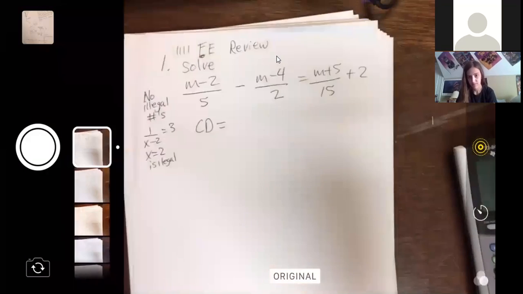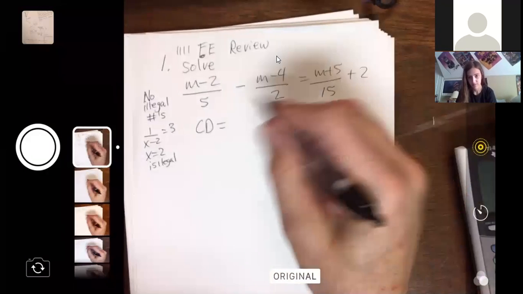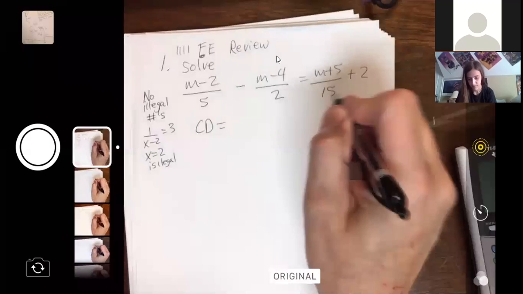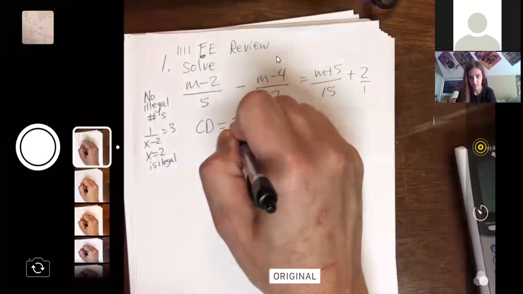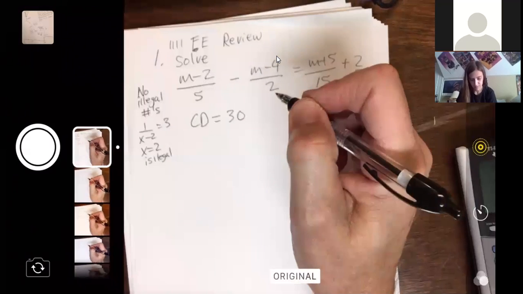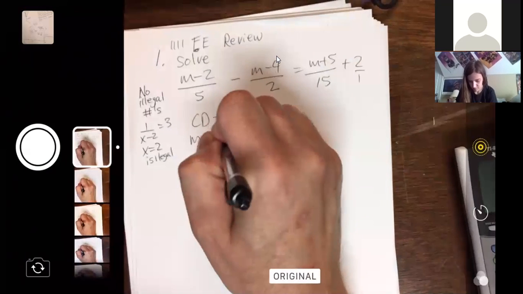All right, we'll get back to them in a minute. 5 goes into 30 and 2 goes into 30, and the 1 goes into it, so the common denominator is 30. So we're going to multiply through by 30.